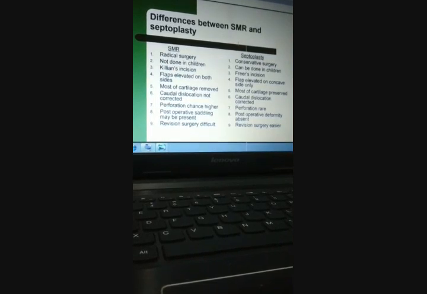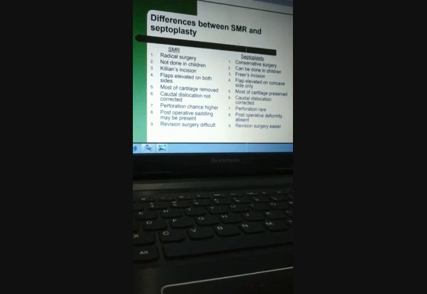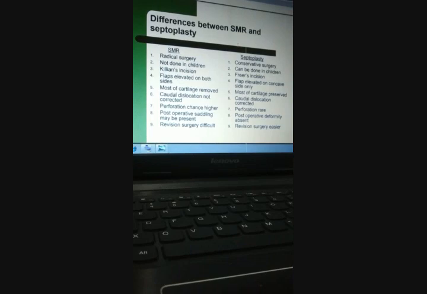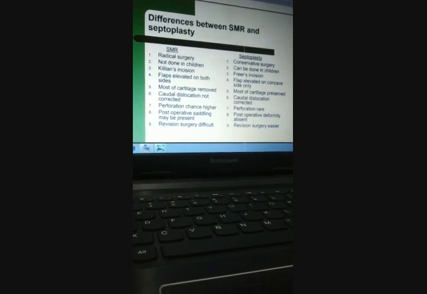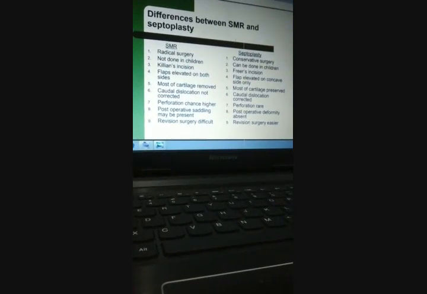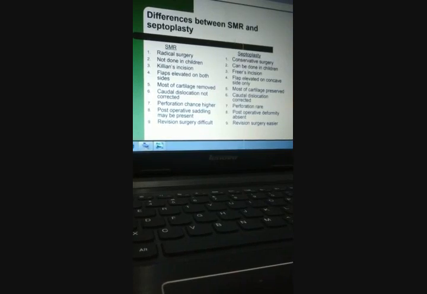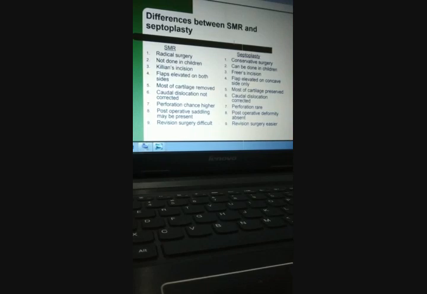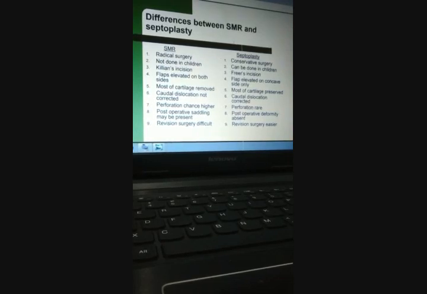So far as incision is concerned, in SMR operation, Killian's incision is preferred, while in septoplasty, Freer's incision is preferred. Then the flaps are elevated on both sides in SMR operation, while flap is elevated on concave side only in septoplasty operation.